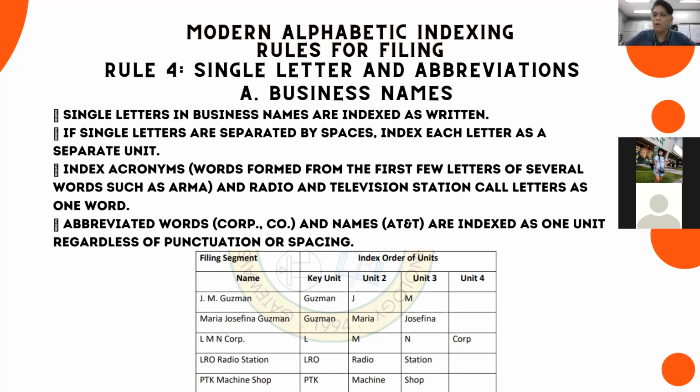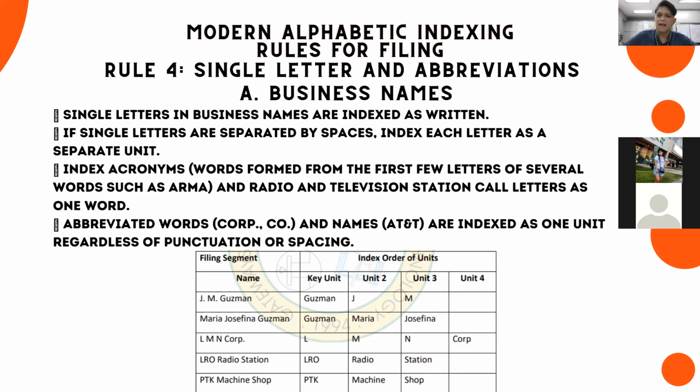They have their own abbreviation. The RRO radio station, so we use RRO, and the PTK machine shop, we use PTK as our key unit. The second unit is the second important note, such as J, Maria, M, R, which is radio and machine. That's addressing a business.